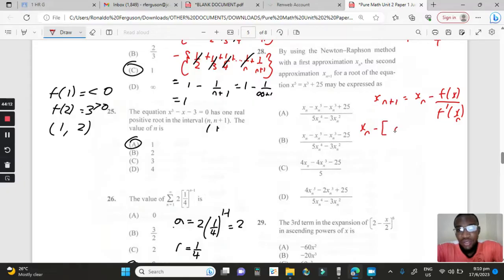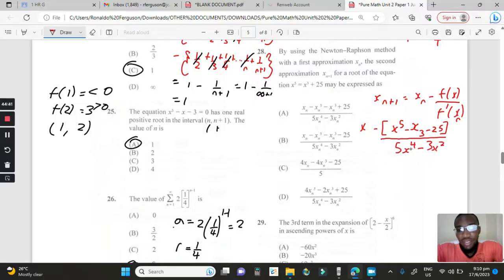So this is now x to the 5th minus, I'm just going to take out the subscript n so it's less confusing. This is minus x cubed minus 25 over, now the derivative is 5x to the 4th power, and differentiate x cubed, that is 3x squared. Make it as one fraction, multiply this up here.